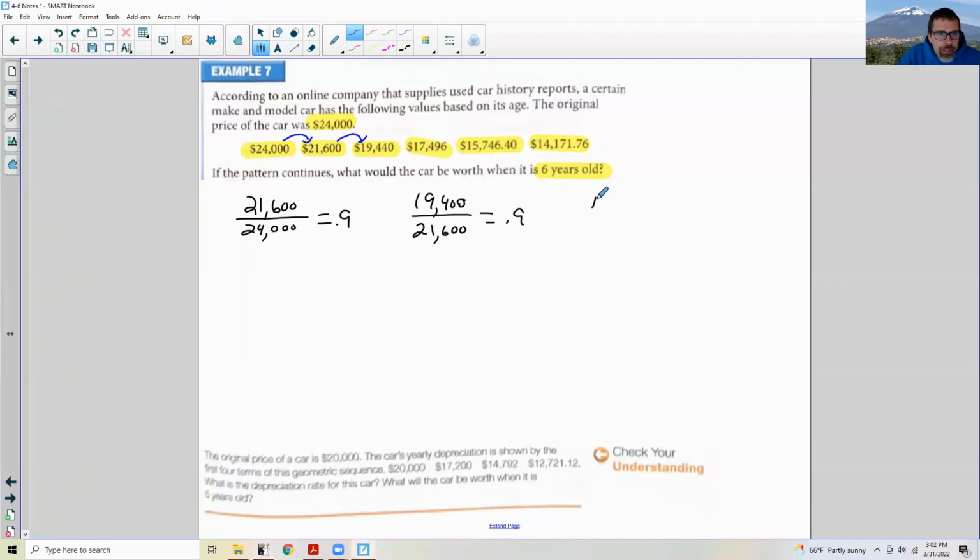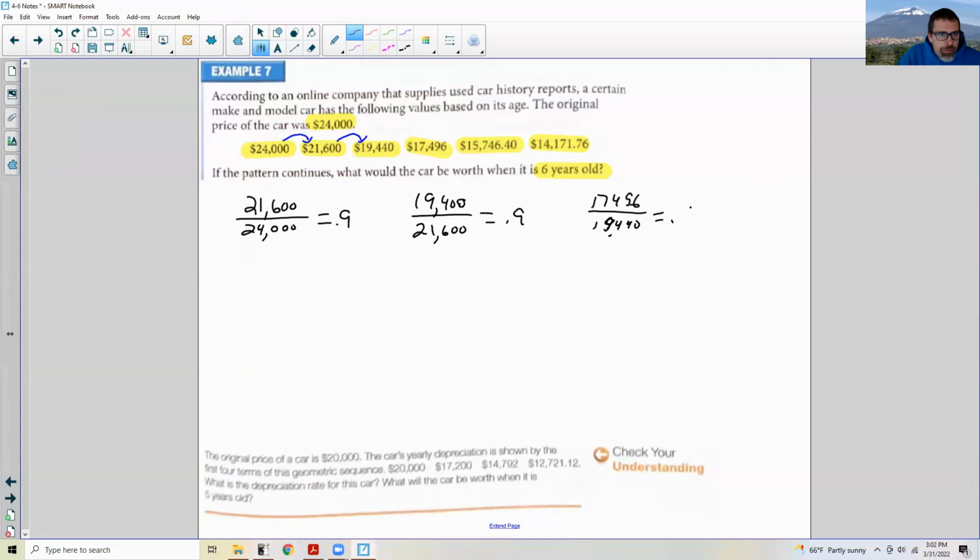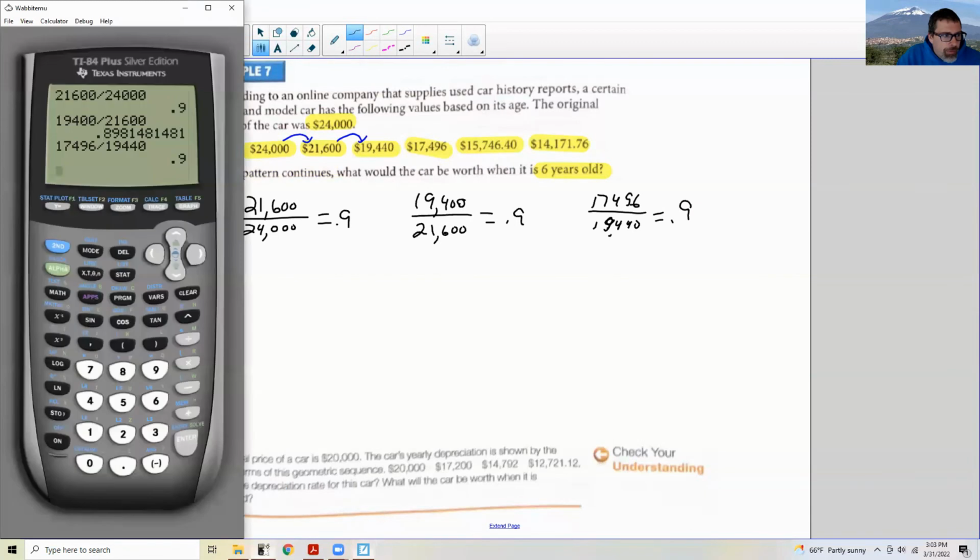If I take 17,496 divided by 19,440, I get 0.9. Oh, I see what I did wrong here. It's 19,440, not 19,400.